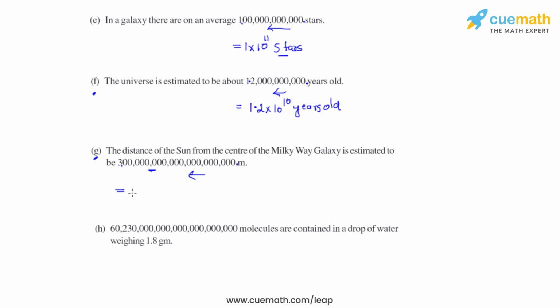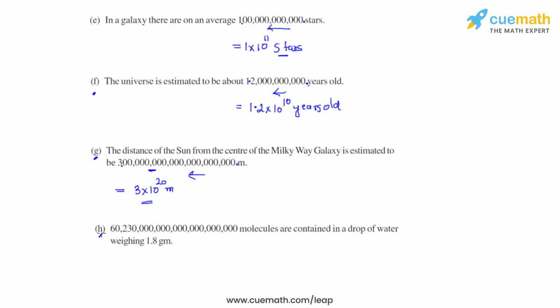That is, the decimal is to be moved towards left by 20 places. So the answer will be 3 times 10 raised to 20 meters, which is a standard form of the distance given, which is between the Sun and the center of the Milky Way galaxy.